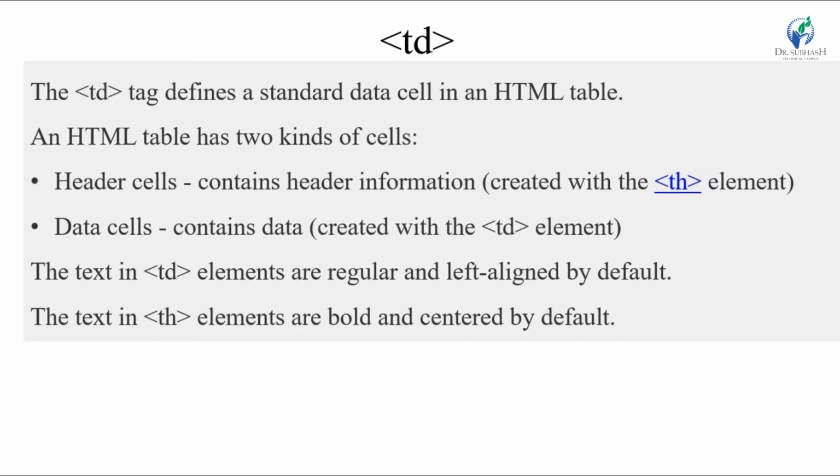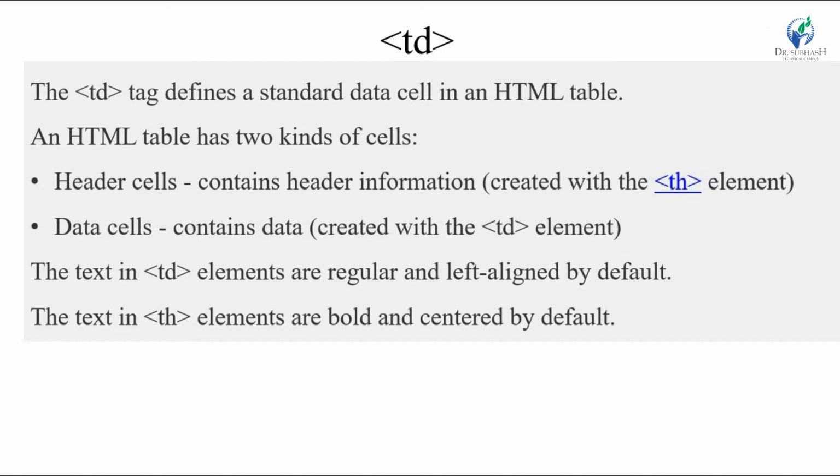Say, for example, enrollment number, name of the students and semester. So enrollment number, name of the students and semester is your table header. That is your header cell, right?